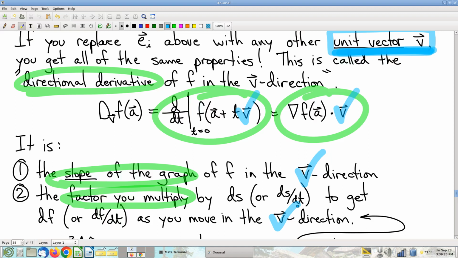So, I think this is pretty believable. If you've got a graph of some function, and the claim is that the slope of the graph can be computed by some vector formula, why would that formula only work sometimes and not in others? You'd think it should work in any direction, not just coordinate directions.